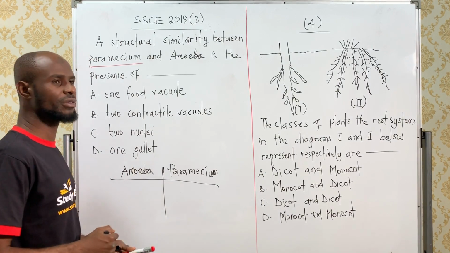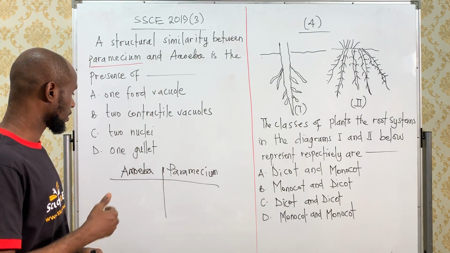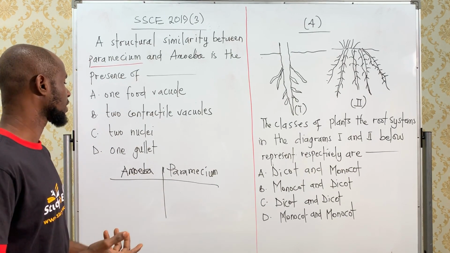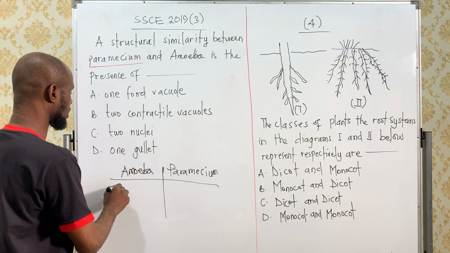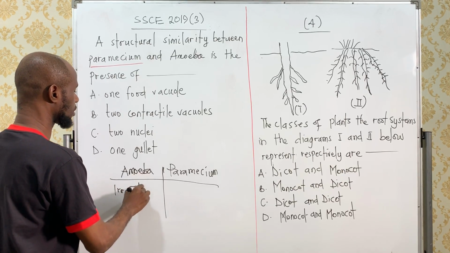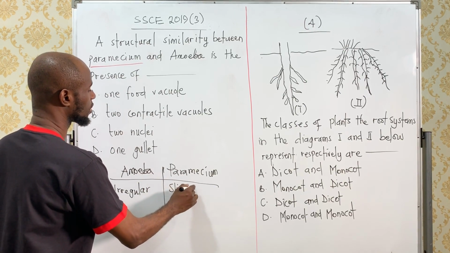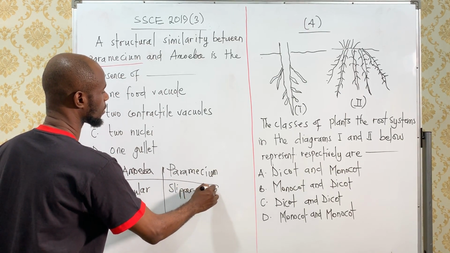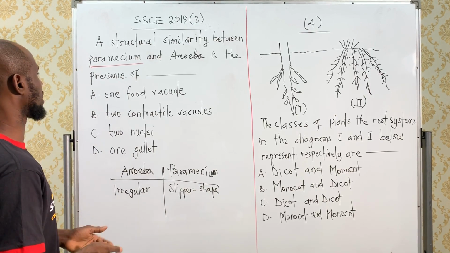Don't forget amoeba is an irregularly shaped, unicellular organism, and paramecium is a slipper-shaped cell. Now let's look at the similarities here.